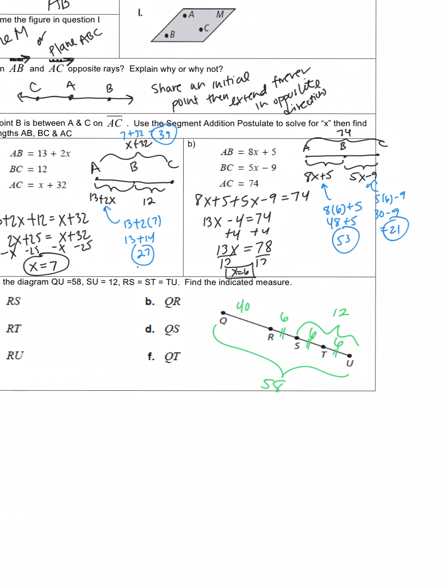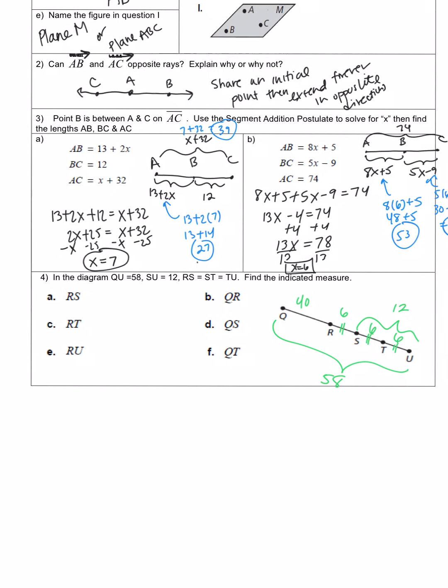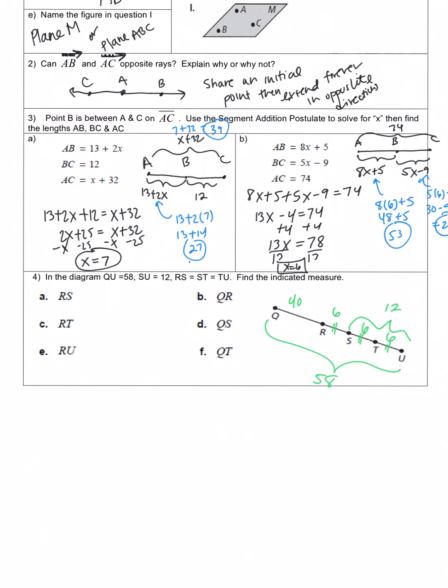So let's find out what it's asking me over here. RS, how much is that? R to S, that's 6. RT, R to T, 6 plus 6, that's 12. R to U, that's 18, 3 times 6.